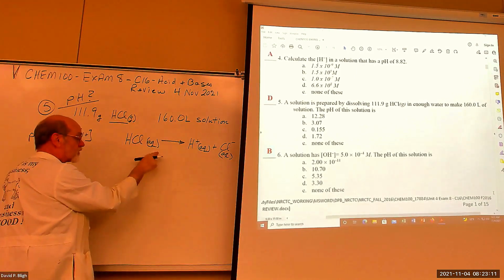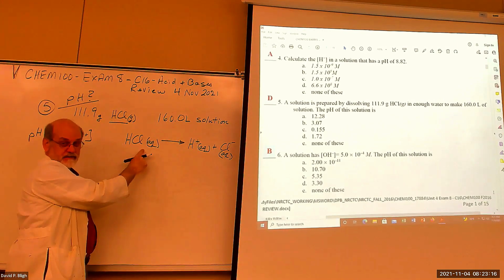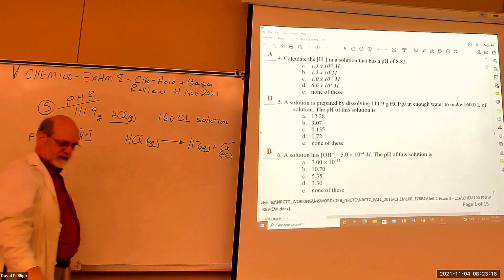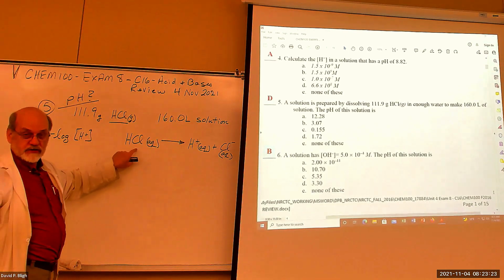So if you know the concentration here, you know that one because there's none of this left. It all goes into solution. So we need to find out what's the concentration here.